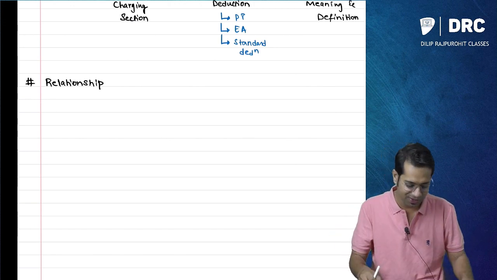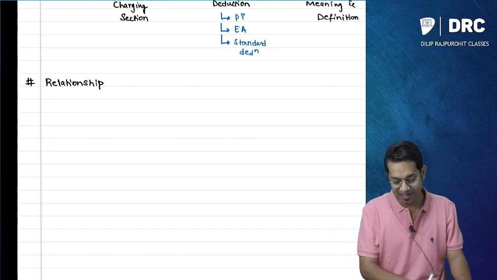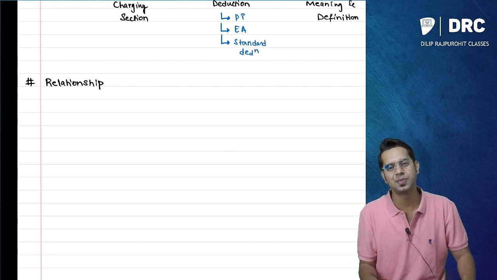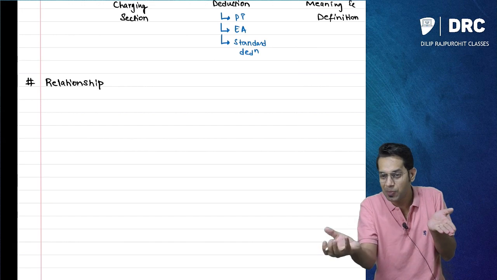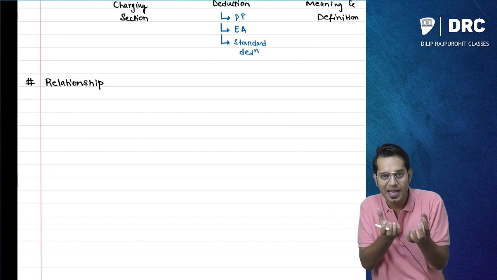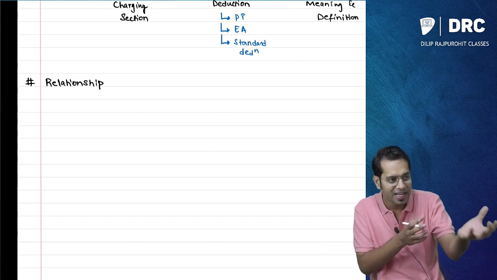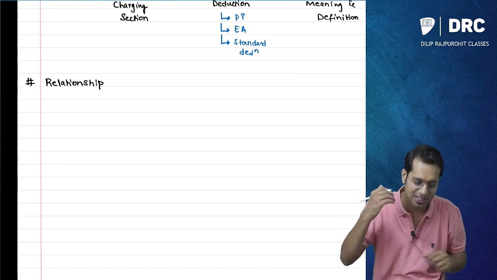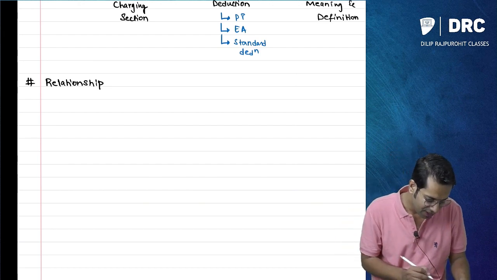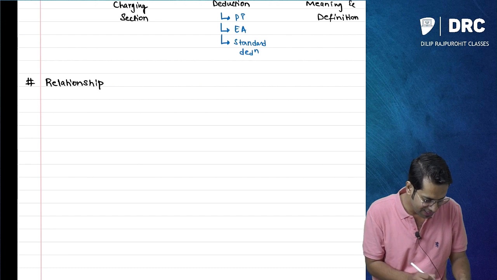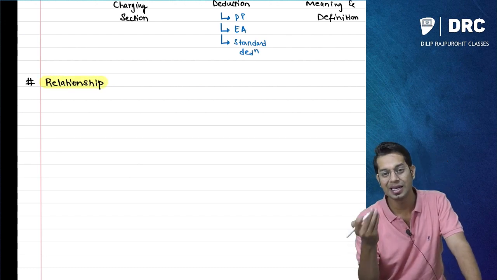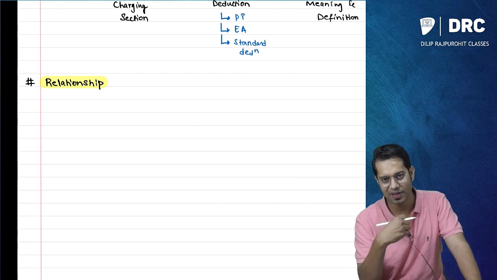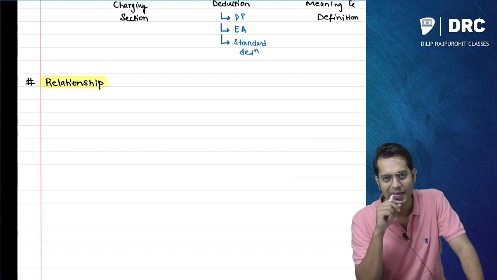You may be in relationship with many people, but here they are telling you to see the relationship between the person who is paying the money and the person who is receiving the money. If yes, there is a relationship, then the income earned by the recipient, the payee, will be taxable under the head salary.